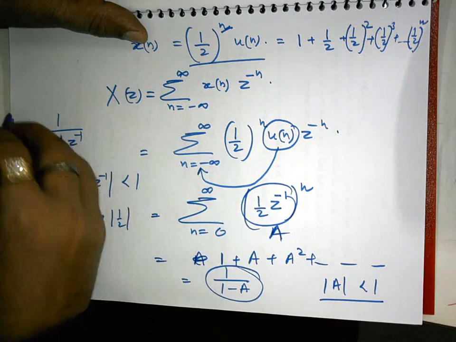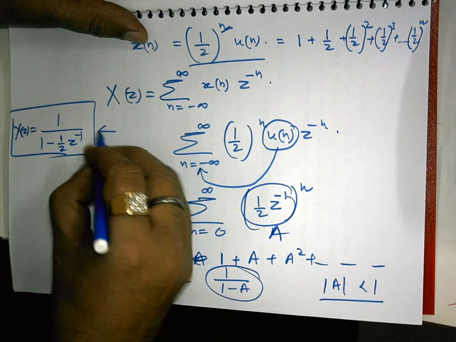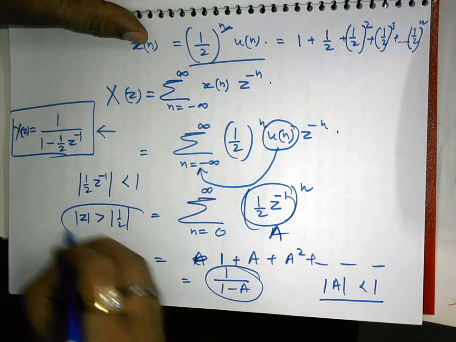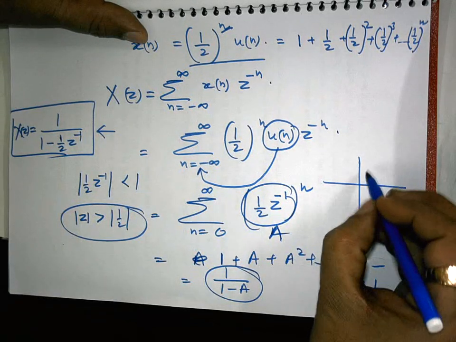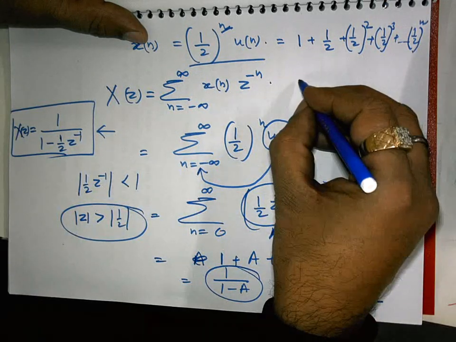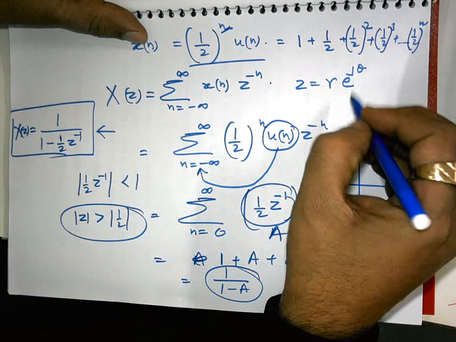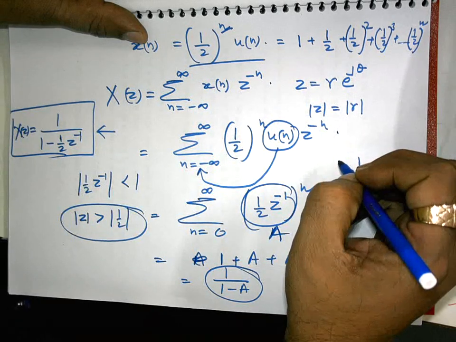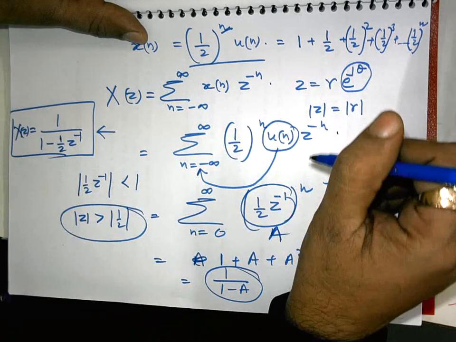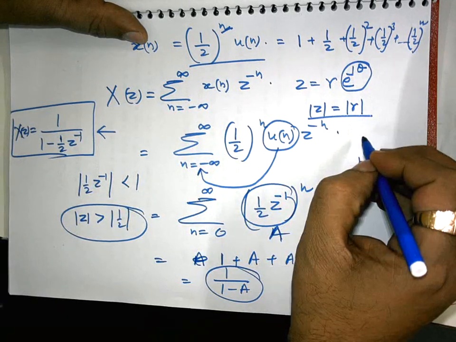The closed form of the z transform, or the mathematical expression for the z transform, is this, but the region of convergence is this. What this region of convergence says is that we have z equal to, in polar form, r e to the power j theta, where mod z equals mod r, because e to the power j theta contributes only a magnitude of 1.